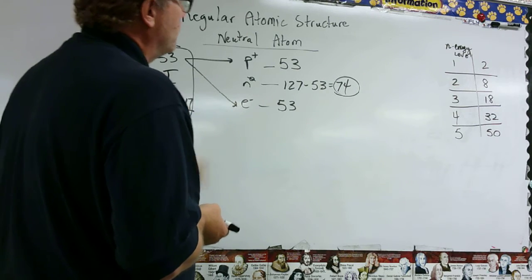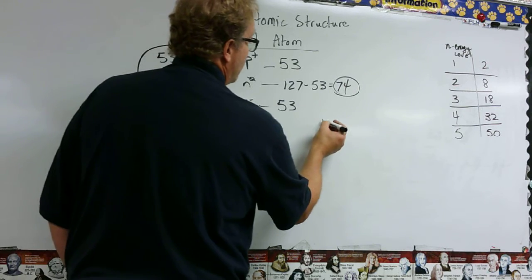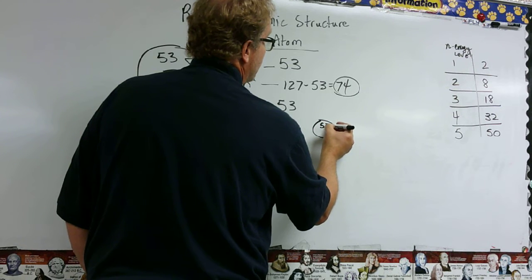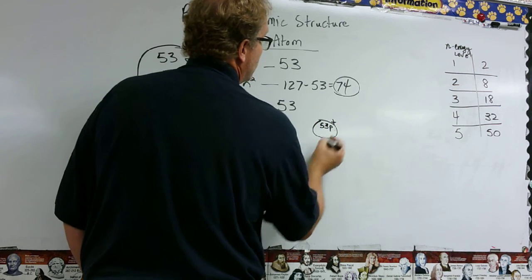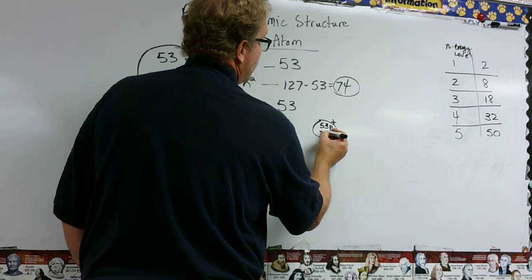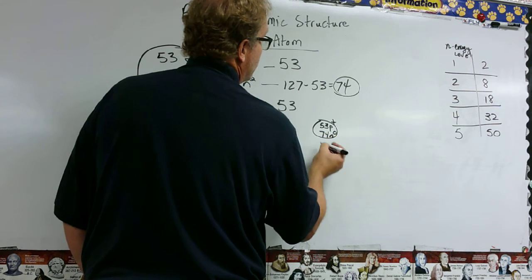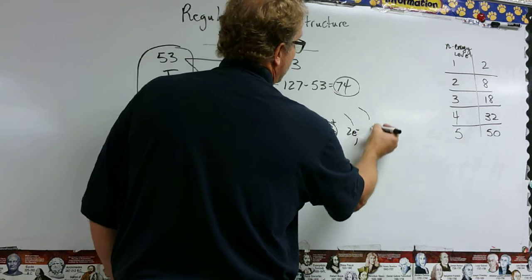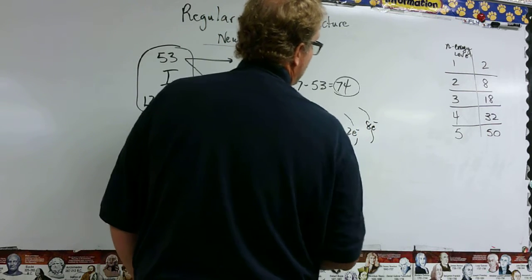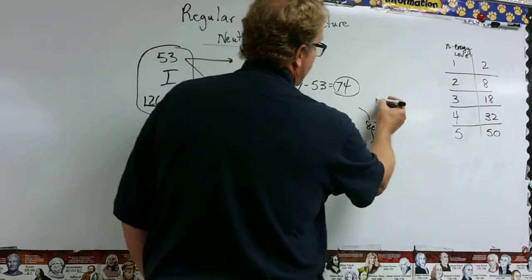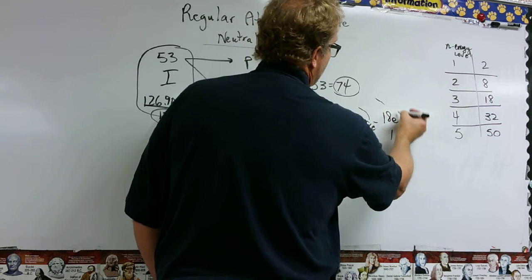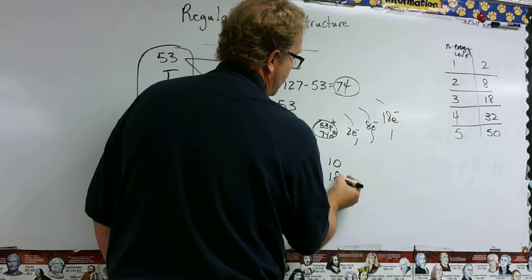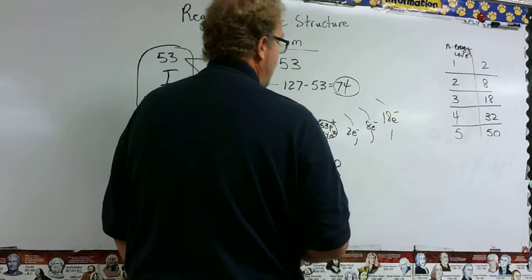This one, since it's a little larger atom, I'll go ahead and do the Bohr, which is 53 positive protons. And I've got 74 neutrons since they make up the whole mass. I've got 2 electrons here, 8. Keeping track, I've got 10, 18, and 28.